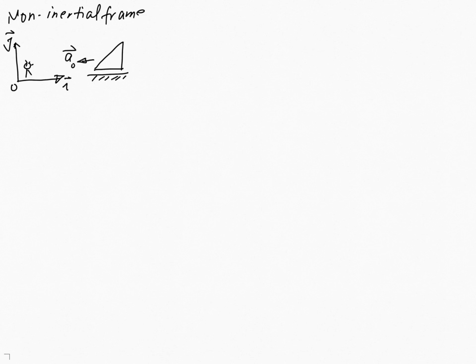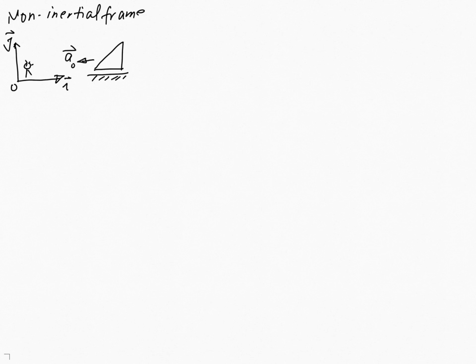So we can assume there's another frame, called the non-inertial frame. For example, we have a non-inertial frame moving along with exactly the same acceleration a0 in the same direction.